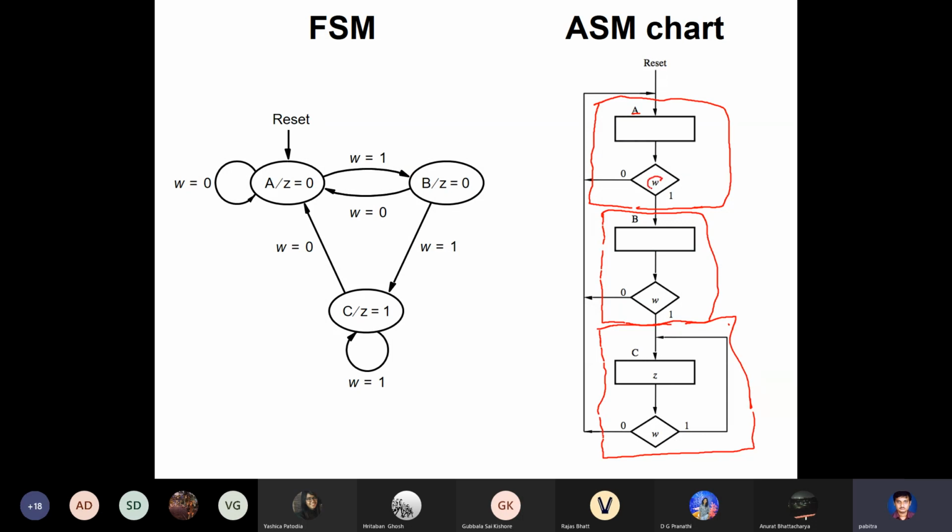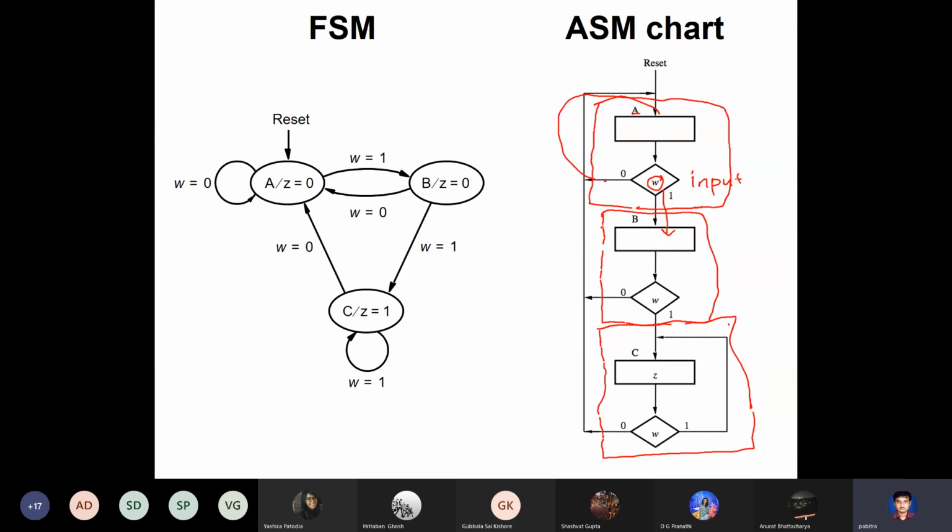So W is the input, and you have a conditional block on the input. You check the value of the input. If you are in state A and input is 0, you go back to state A. If you are in state A, the first block, and input is 1, you go to block B, state B.